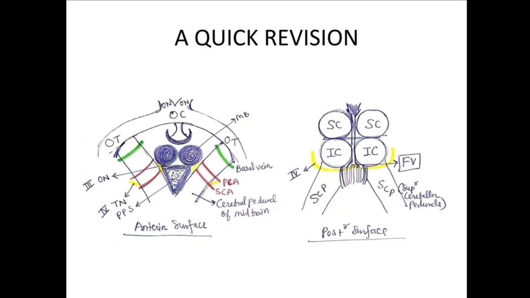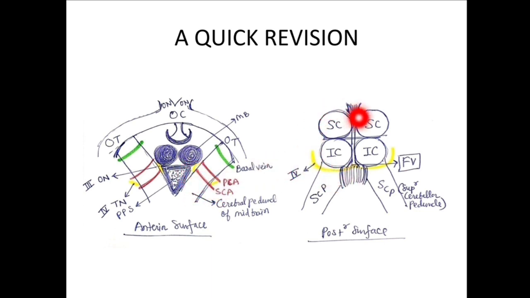A quick revision diagram showing the anterior surface, also called the ventral surface or interpeduncular fossa, or external surface of the midbrain, and this is the dorsal surface. Along the ventral surface we find the cerebral peduncle, optic chiasma, optic tract, infundibulum, mammillary body, posterior perforated substance, and structures crossing the cerebral peduncles are the optic tract, basal vein, posterior cerebral artery, superior cerebellar artery, oculomotor nerve and trochlear nerve.